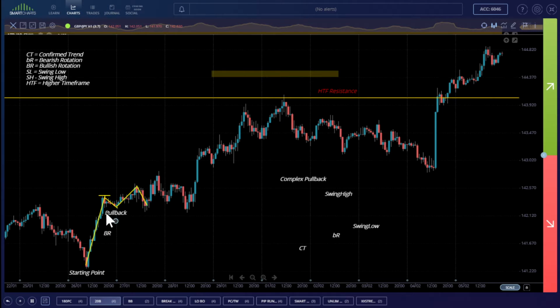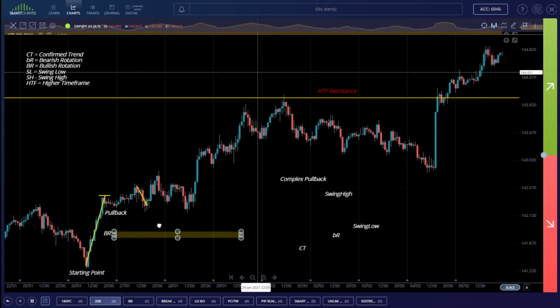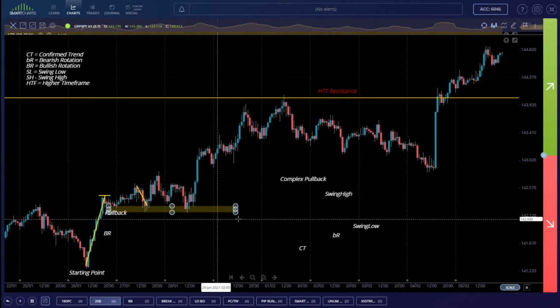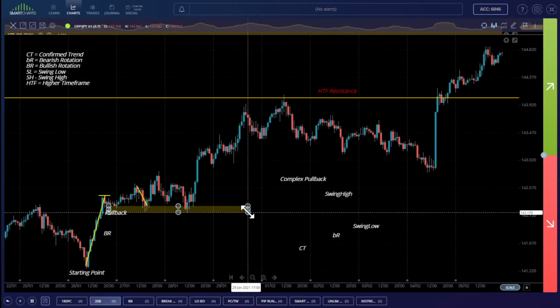This is why it's so important to see if the candles close below. I'll remove that so you can see it, and let me move this box. You can see that this is that little level.